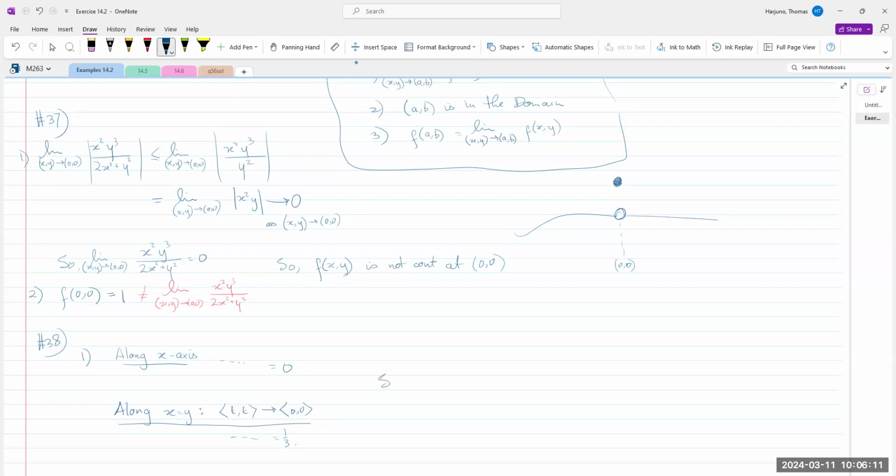So it doesn't even have the limit. The limit does not exist. Therefore, it is not continuous.